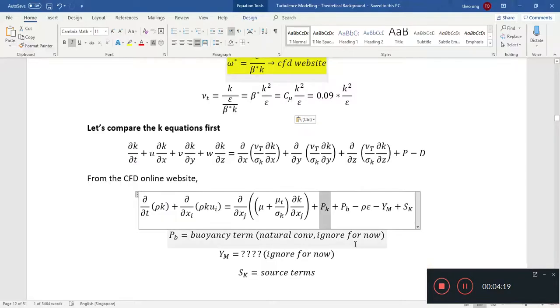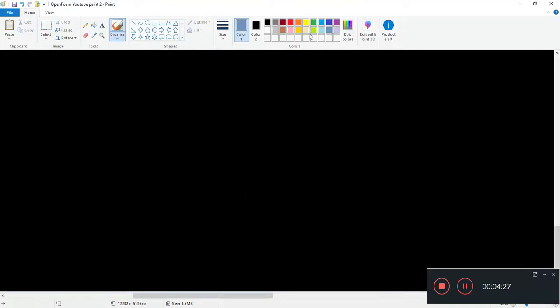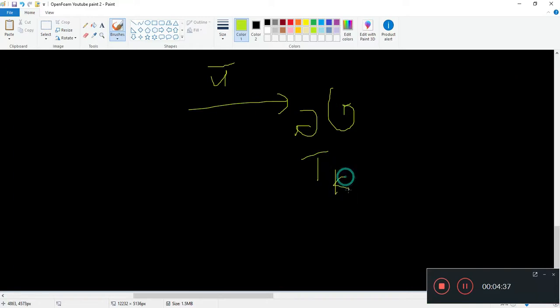This is the standard way where the mean velocity, the u bar, sometimes dissipates and becomes turbulent kinetic energy, right? TKE, turbulent kinetic energy, is equal to half u i prime squared.